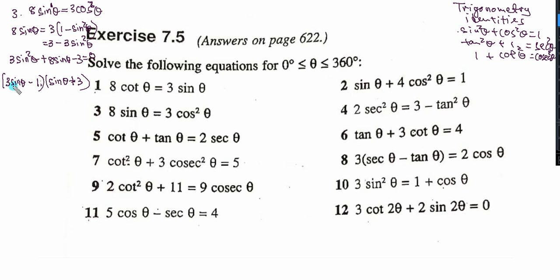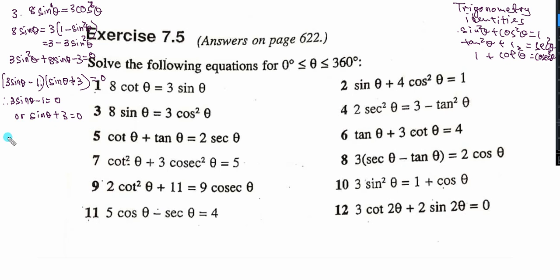If you expand this, you get 3 sine squared theta plus 8 sine theta minus 3. Now this is equal to 0. Therefore, you have 3 sine theta minus 1 equal to 0, or sine theta plus 3 equal to 0.